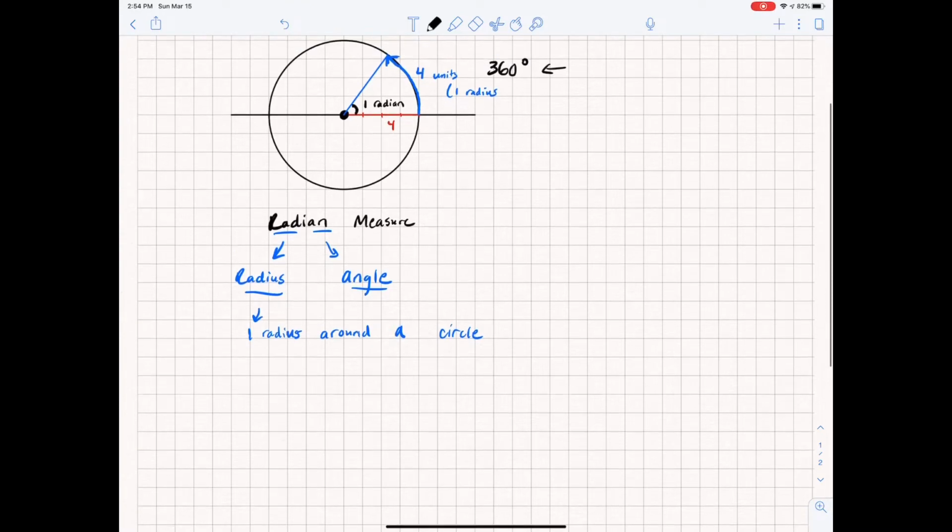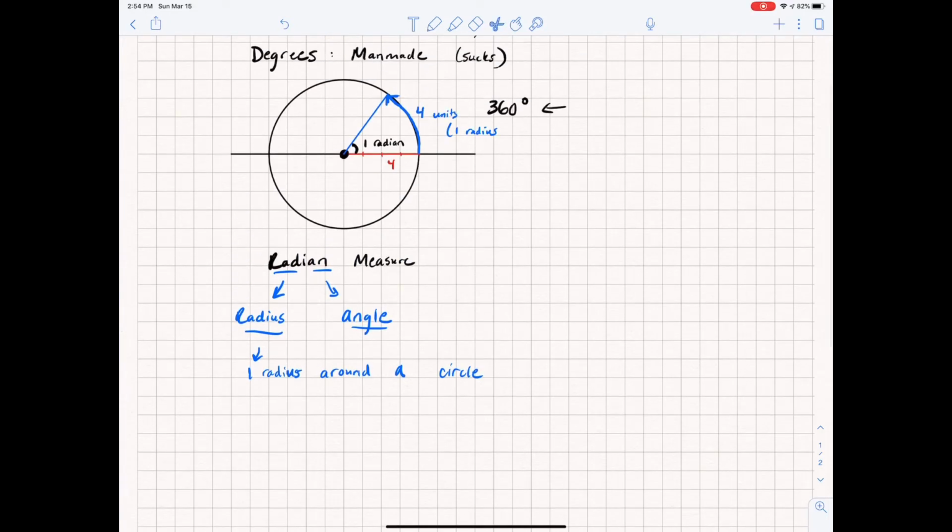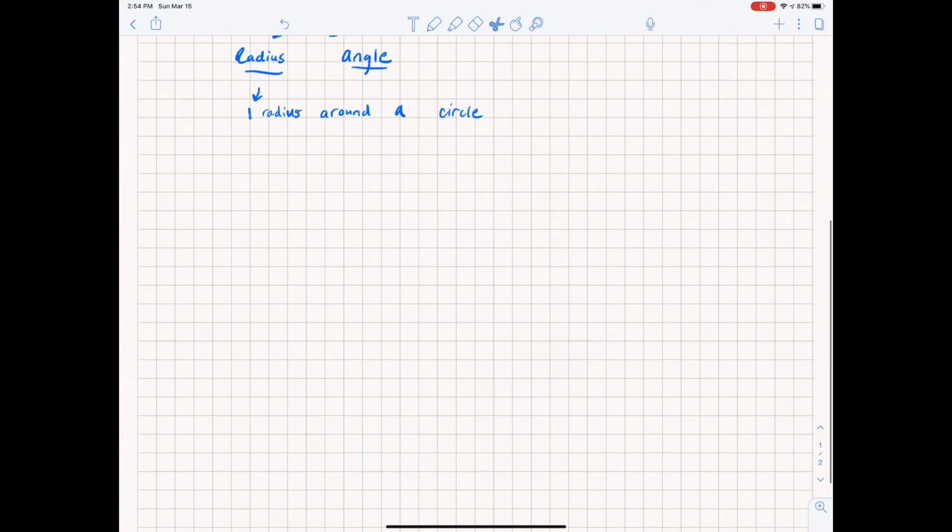All right, now that we have this radian thing figured out, if you recall, I'm going to copy this circle because it's so pretty.